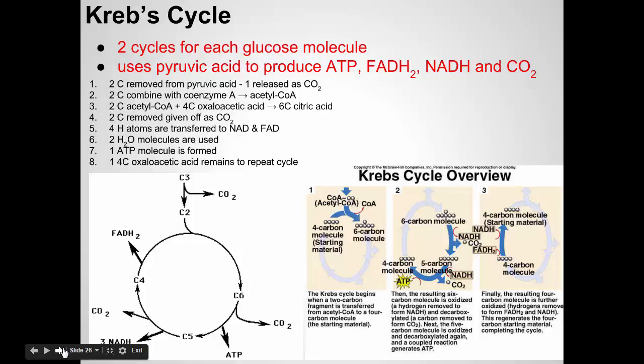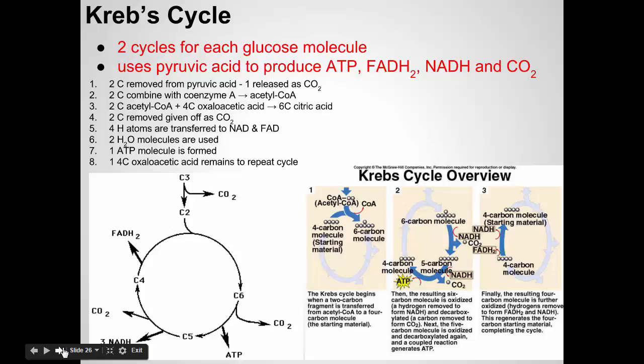We have electrons and hydrogen atoms being transferred to form NADH, FADH2. It requires a couple molecules of water and produces ATP. And then our final product here is another 4-carbon oxaloacetic acid, which is left to repeat the cycle again.